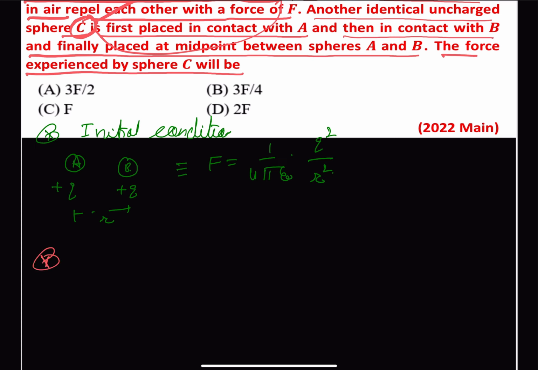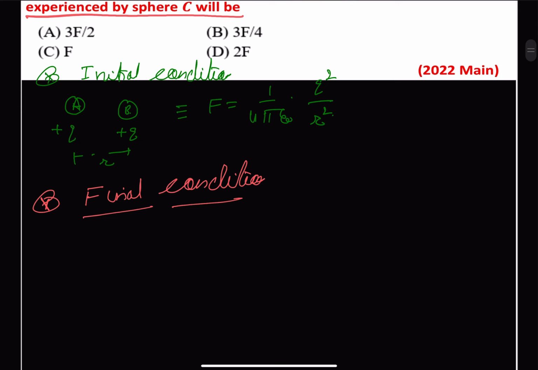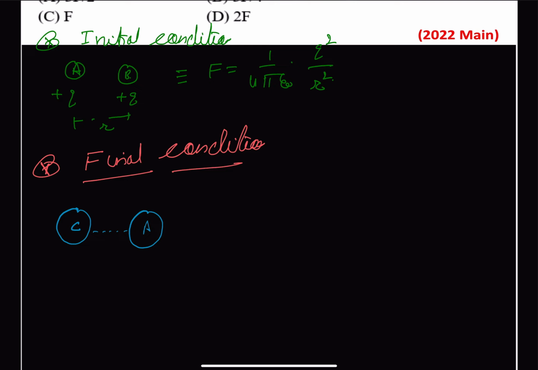In the final condition, another sphere C, which is also identical with A and B, is brought in contact first with A. Initially the charge on C, let us suppose QC is equal to 0, and charge on A, that is QA, is equal to plus Q. So this is our QA and this is our QB.